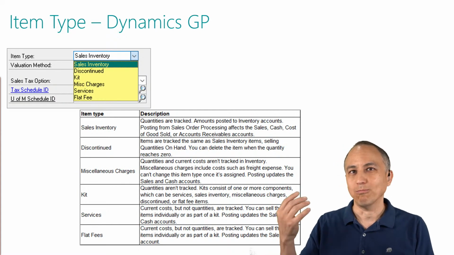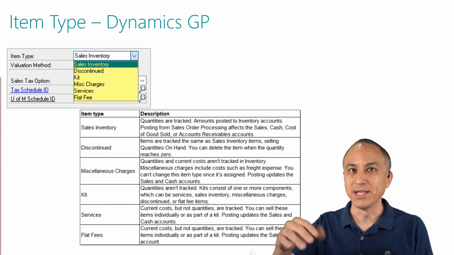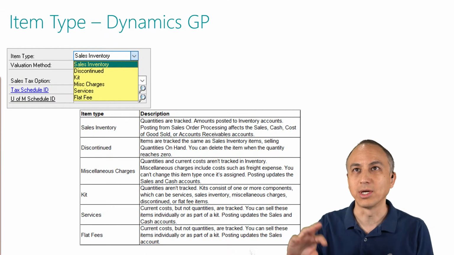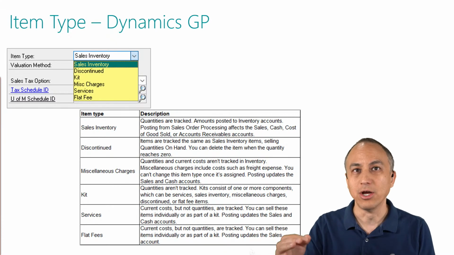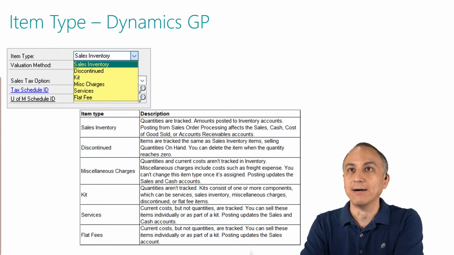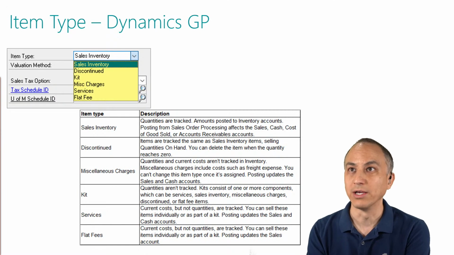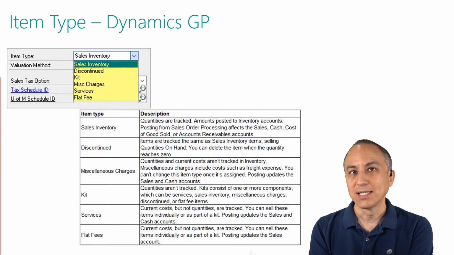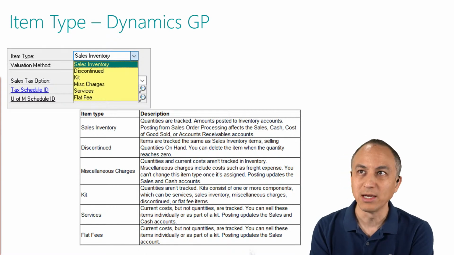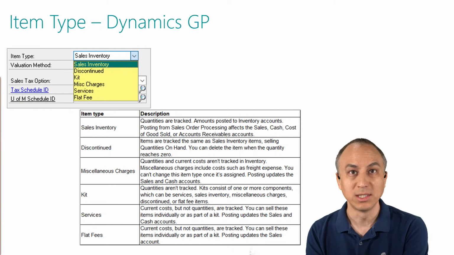From my background, there's inventory, but then there's several types of other things, and you kind of need to know what those classifications are. Sales inventory is your typical inventory with quantities and valuation. Then there's discontinued, where it's a sales inventory item, but you can delete the item when the quantity goes to zero.